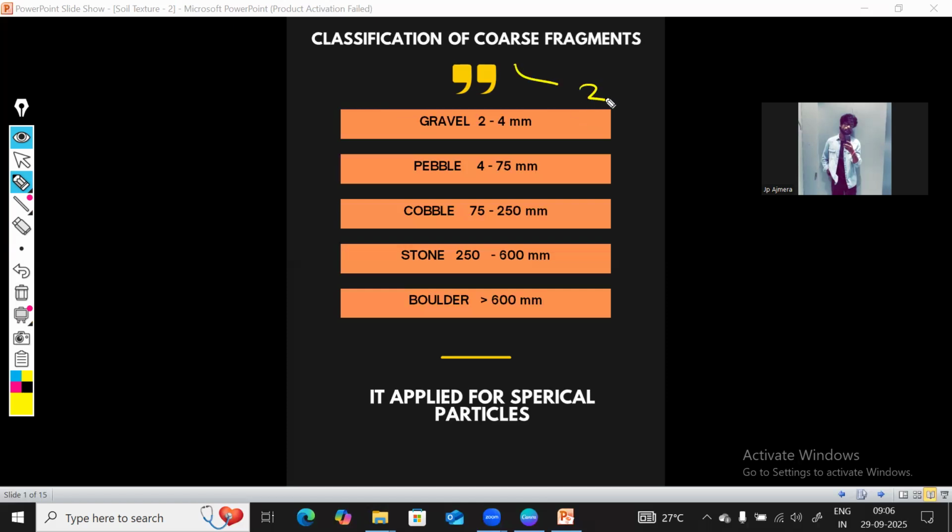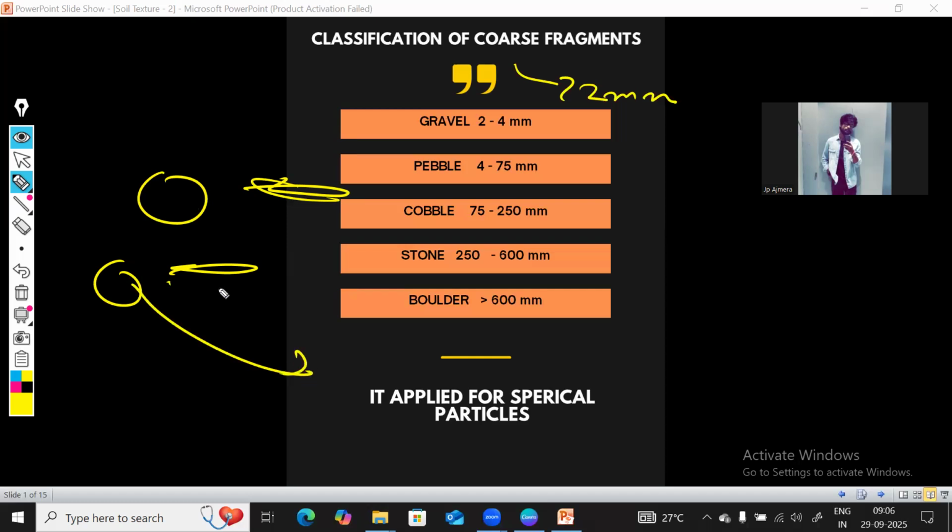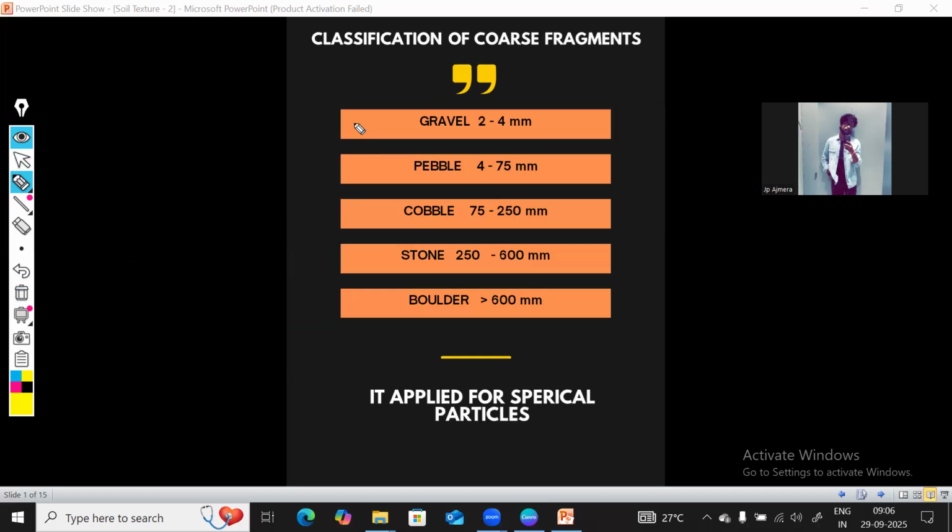So what are coarse fragments? Their size is more than 2 mm. There are two types: round particles and flat particles. We'll go first with the spherical, cubic or round shaped particles. There are five types of coarse fragments classified. The first is gravel, second is gravel, third is cobble, fourth is stone, and fifth is boulder.